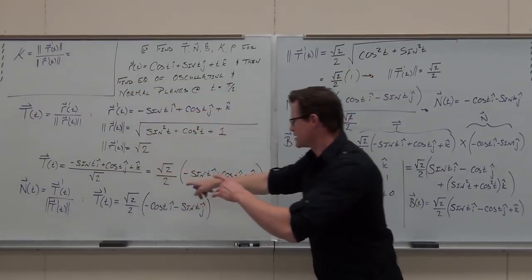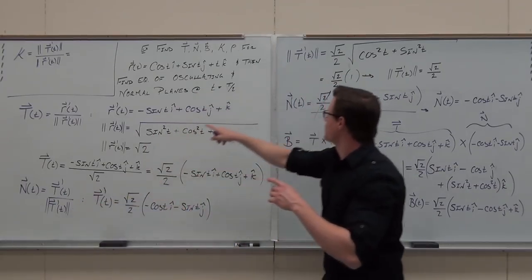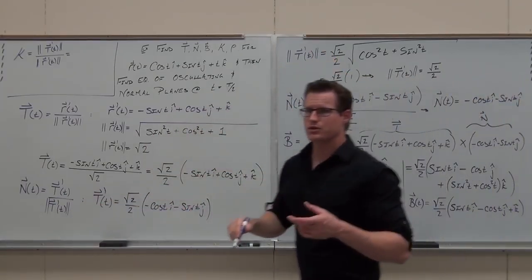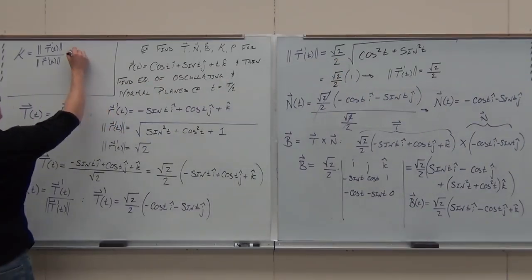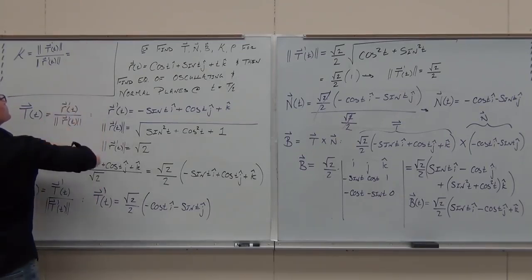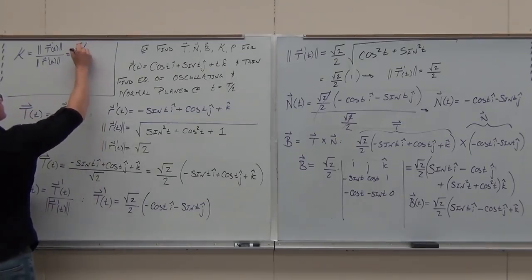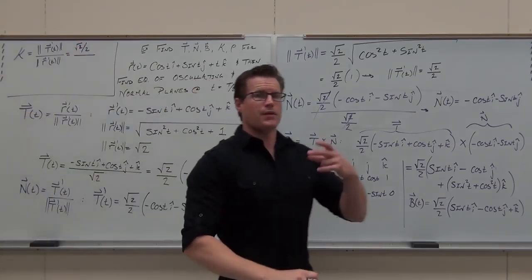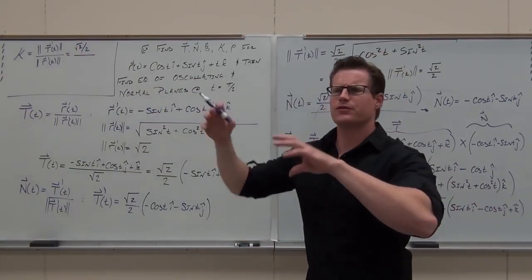So it's right, let's see, it's this piece, so we're going to follow that down. Oh, hey, it's right there. It's that square root of 2 over 2. Over, and the other piece, the denominator, is found on the very first thing that we do.